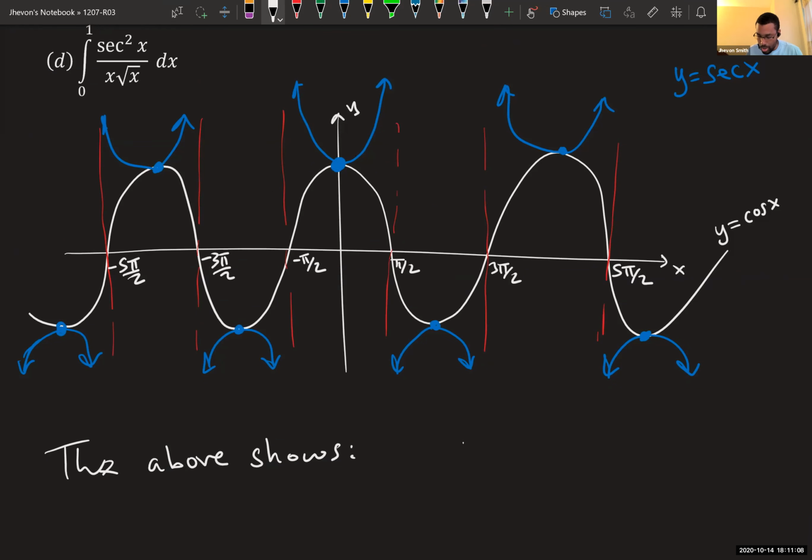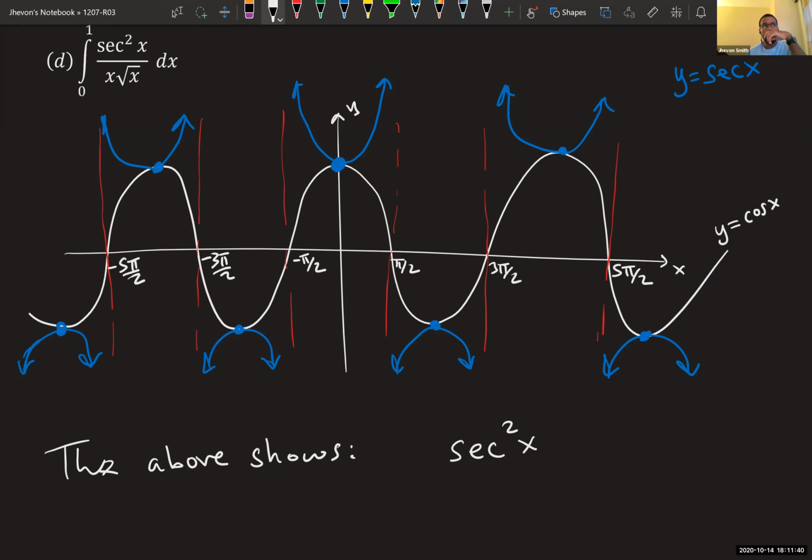I have secant squared. What can you tell me about secant squared? Tell me about secant squared, the possible outputs.